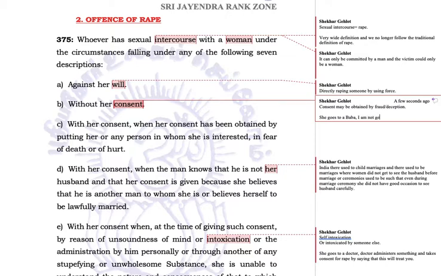I am not getting a child. Baba says, you have sex with me, you will have child. Something like this. In this case, now she gives consent to Baba to have sexual intercourse with her.